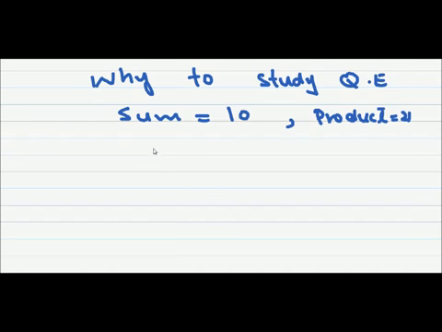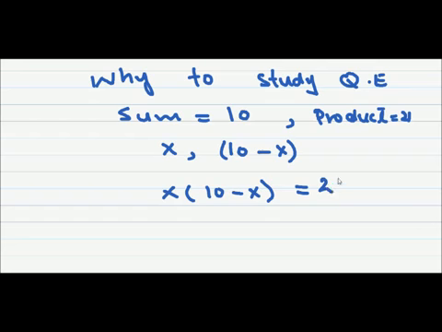Now let's suppose that the first number is x, then the second number will be 10 minus x, because the sum of the two must be equal to 10. As we know that the product of these two numbers is equal to 21, so we write it as x into 10 minus x is equal to 21.